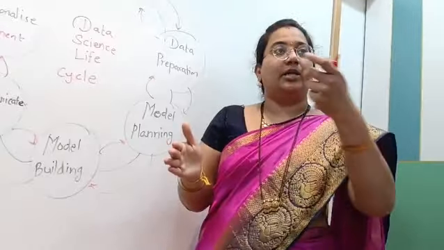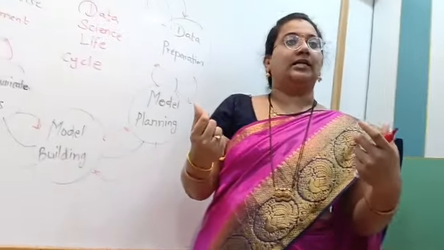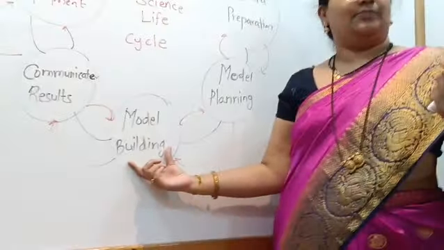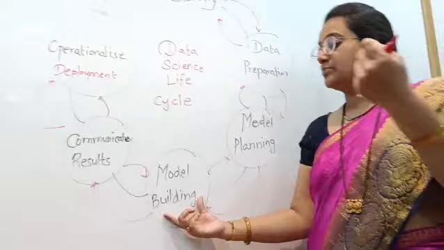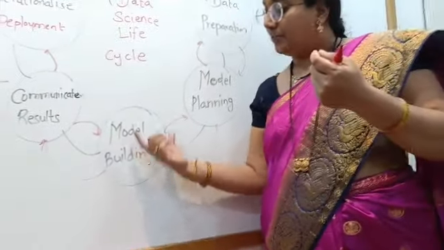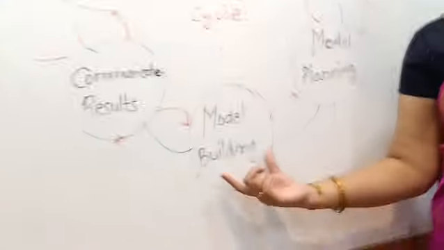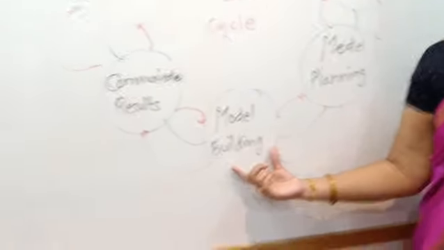Suppose train data is 80% of the data and test data is 20%. So we consider the previous results, previous attendance and previous marks for building this model. In machine learning, we train the model. This phase is called model building.